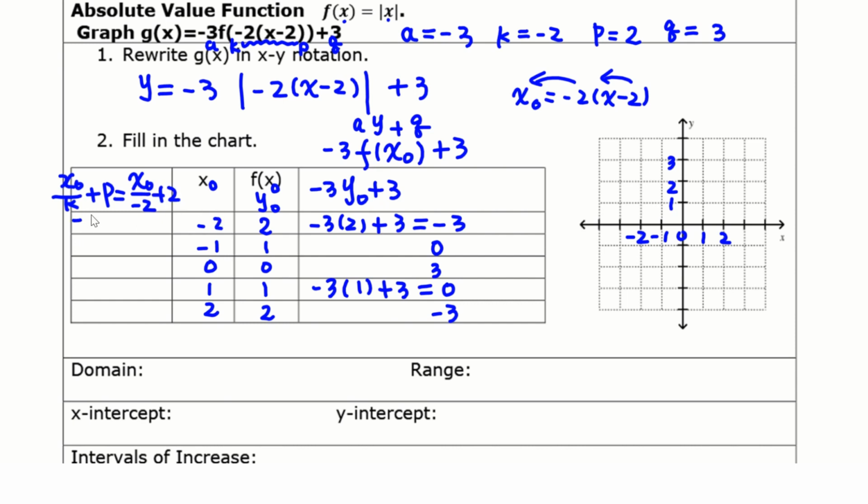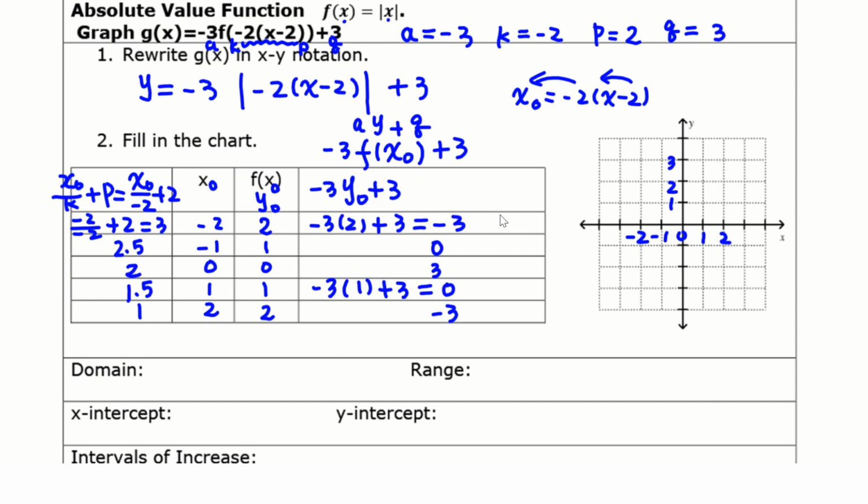So -2 divided by -2 plus 2 gives you 3. Then -1 divided by -2 plus 2 is 2.5. 0 divided by -2 plus 2 is 2. So we have 1.5 and 1. Then we are going to find those points.